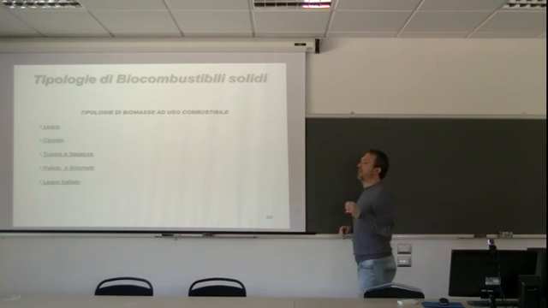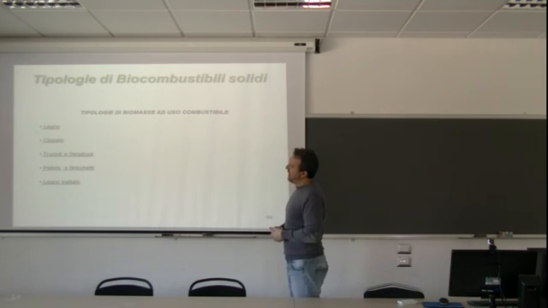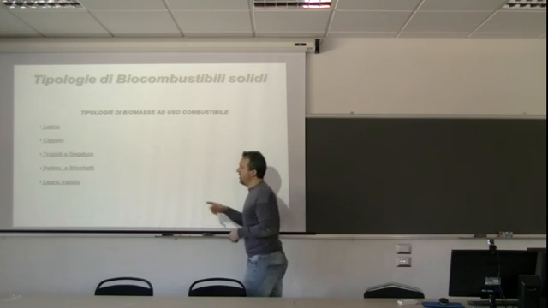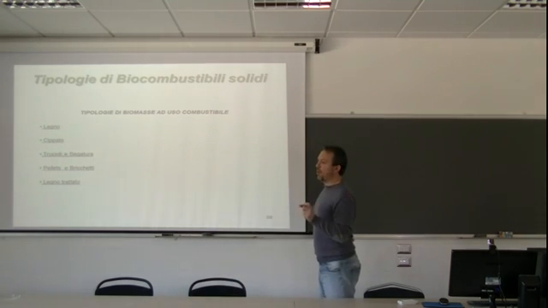So you start from straw, from a pruning, from a part of a tree, and you have to transform it into biofuel that can be used for an energy system. Okay? And so, yes, you can transform it, for example, into chips, which are small chips you can use into a boiler, for example.